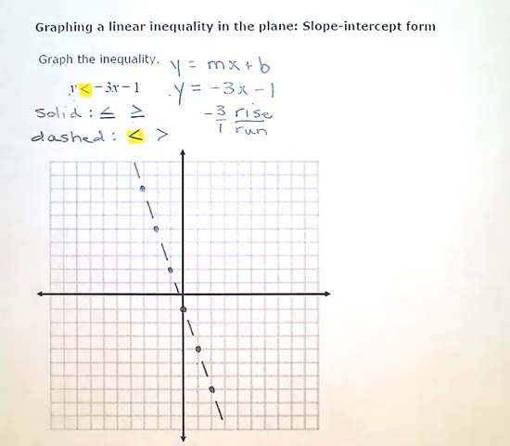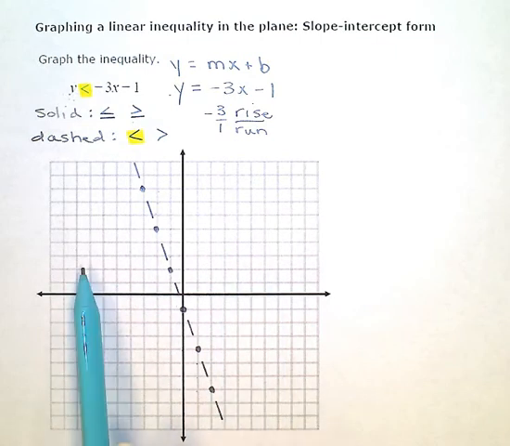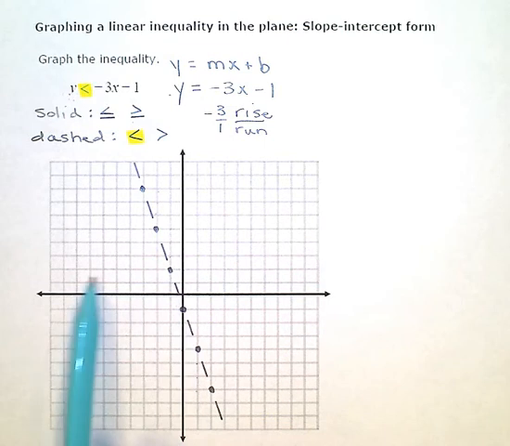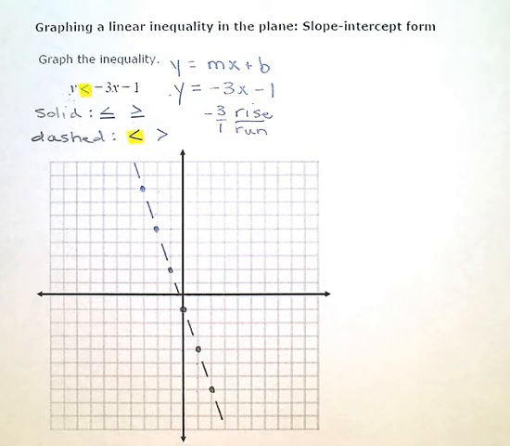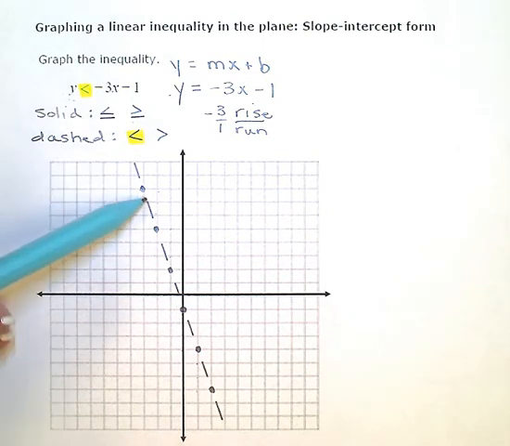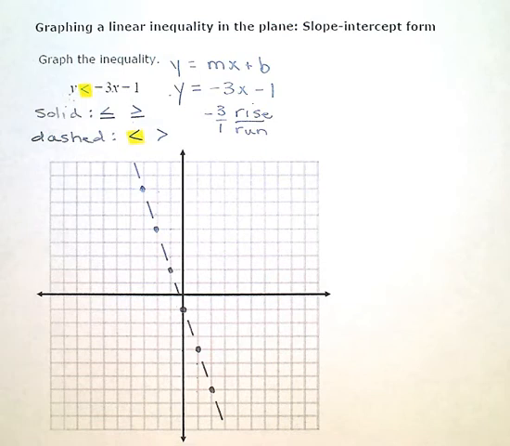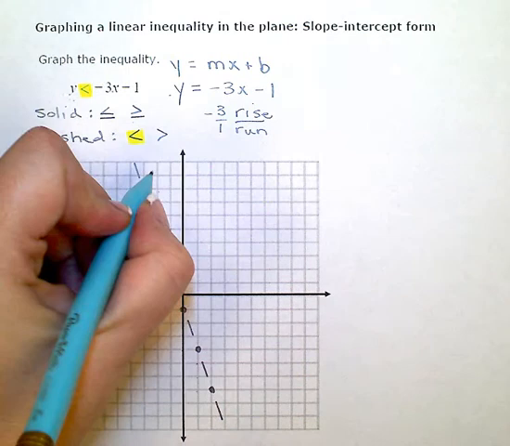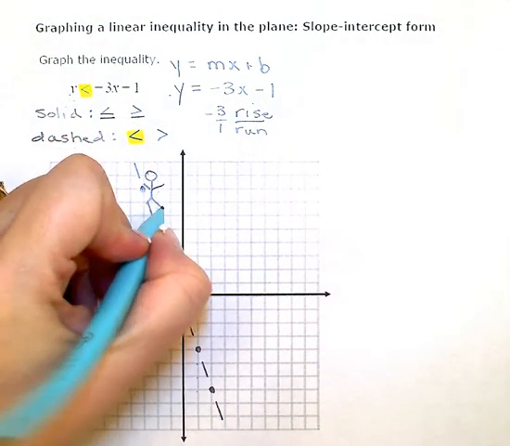Now, I need to decide which side of this line I'm going to shade, okay? To the left, this direction, or to the right, that direction, in the coordinate plane. The way I like to remember this is if you think of this line, since it's a slanted line, as a mountain or a hillside, and you picture yourself standing on this hillside.